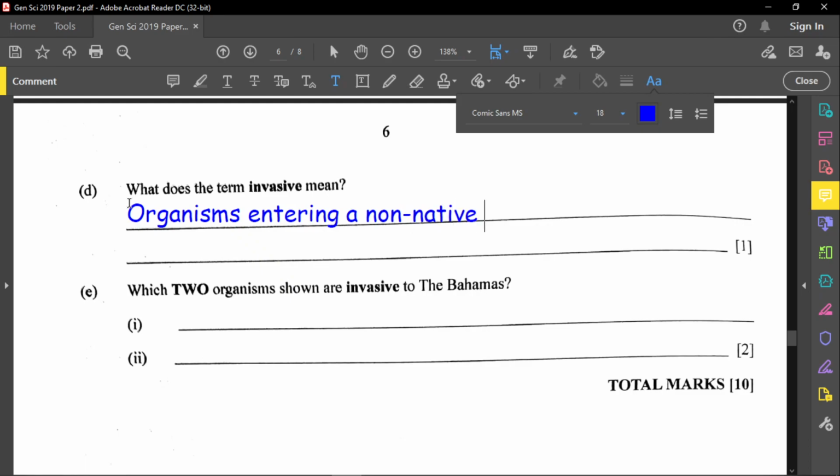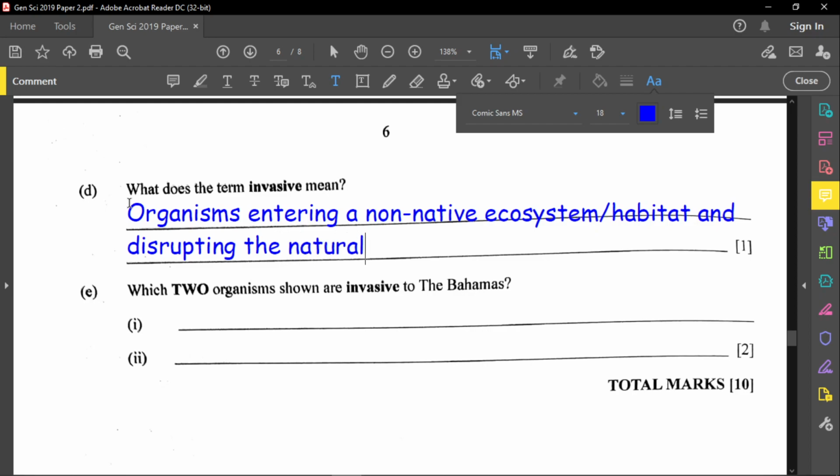The non-native ecosystem, all right, let's put habitat as well. And disrupting, so very important here, not just entering it, but also disrupting the natural balance of that ecosystem.